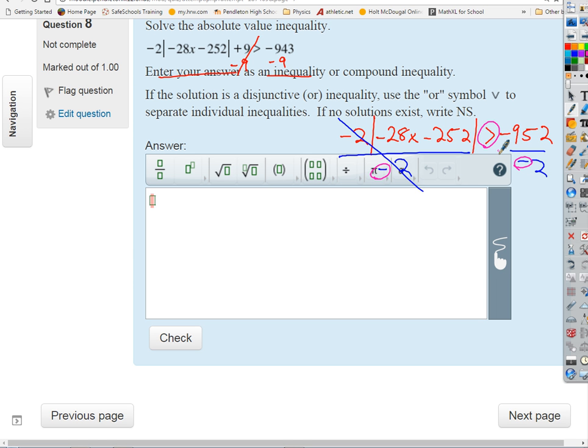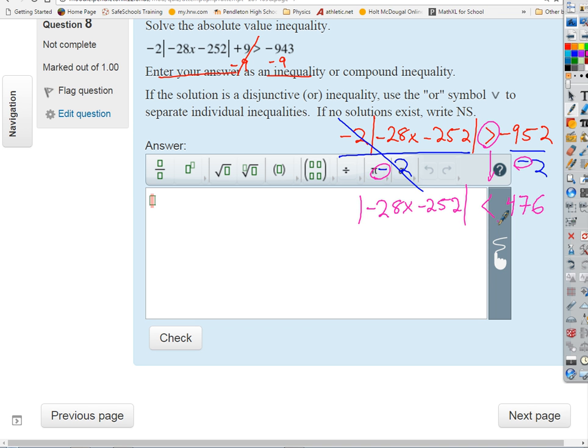So then we end up with the absolute value of negative 28x minus 252 on one side. On the other side, negative divided by negative is positive, and half of 952 is going to be 476. And that means we have to flip the direction of the inequality sign.